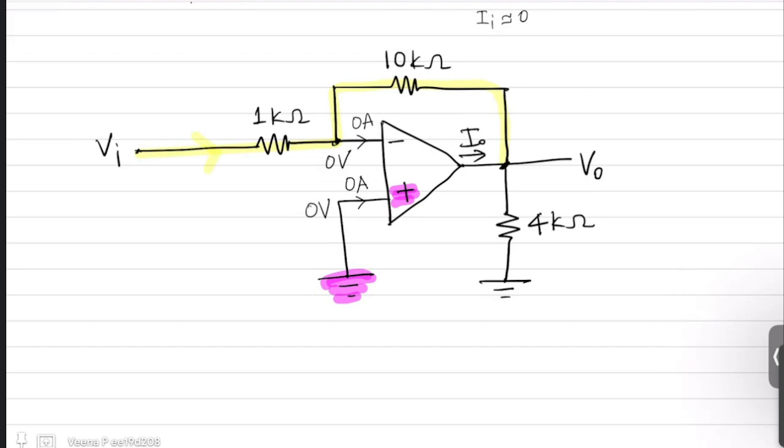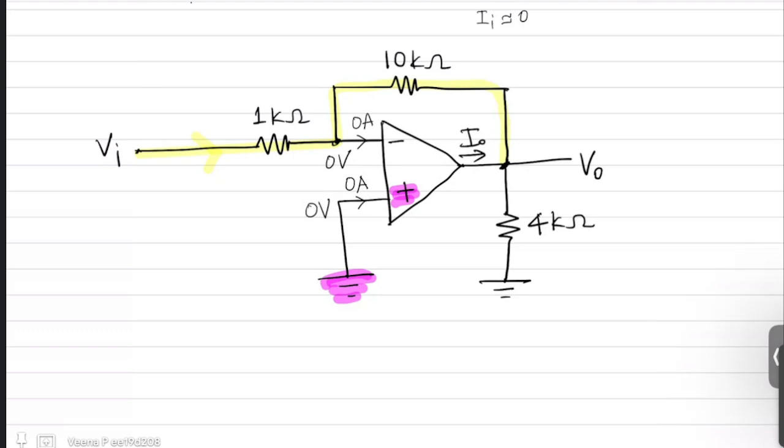So the current which is coming from the input terminal will not enter the op-amp, rather it moves through the feedback resistance.